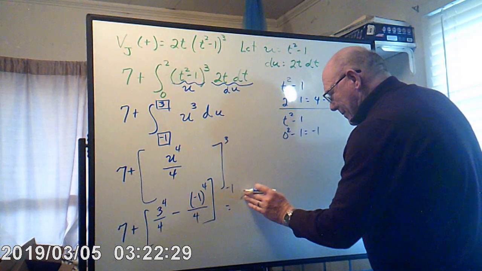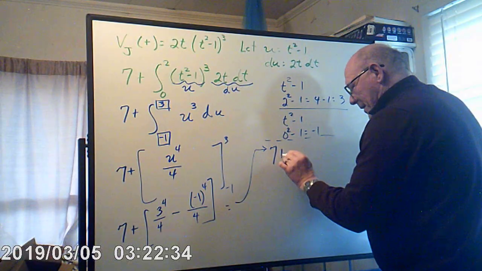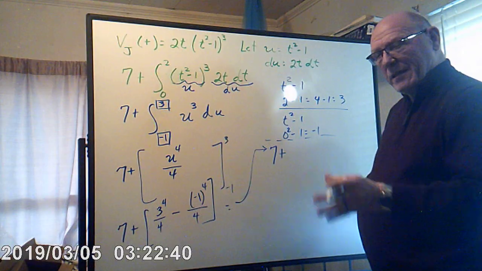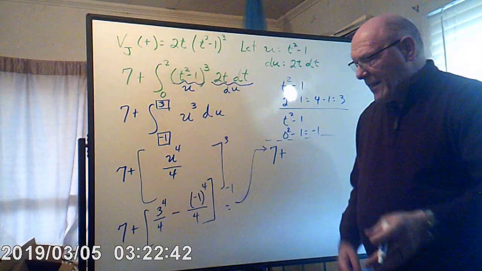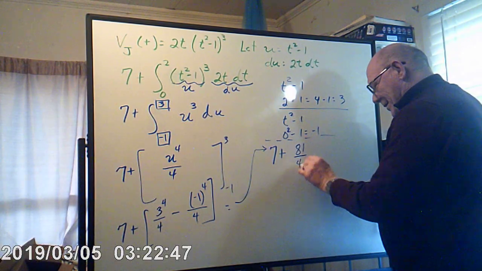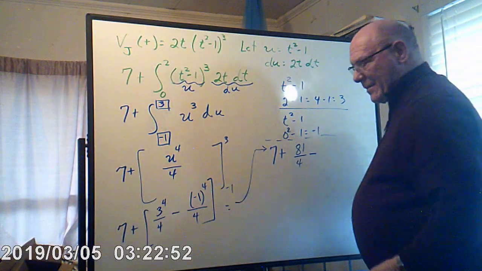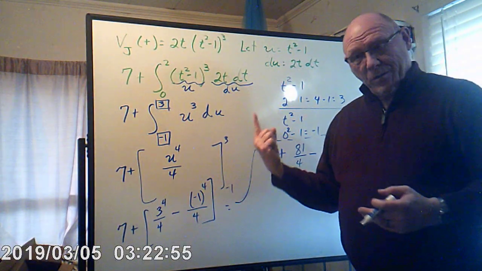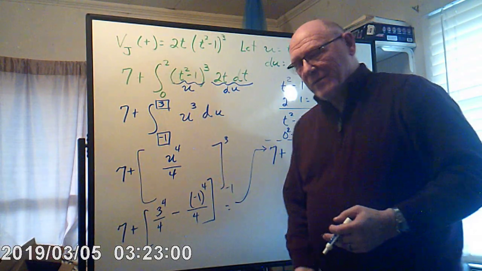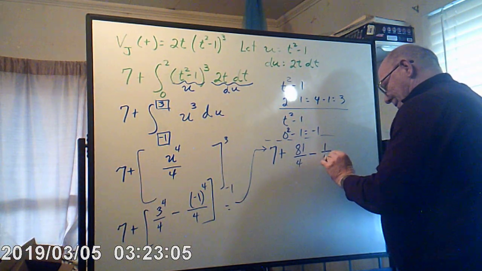Alright, so 7 plus 3 to the 4th is 81. 3 times 3 is 9, 9 times 9 is 81. So watch this: 81 over 4 minus. Now negative 1 to an even power is positive 1. Negative 1 times negative 1 times negative 1 times negative 1, 4 negatives make a positive, so minus 1 over 4.